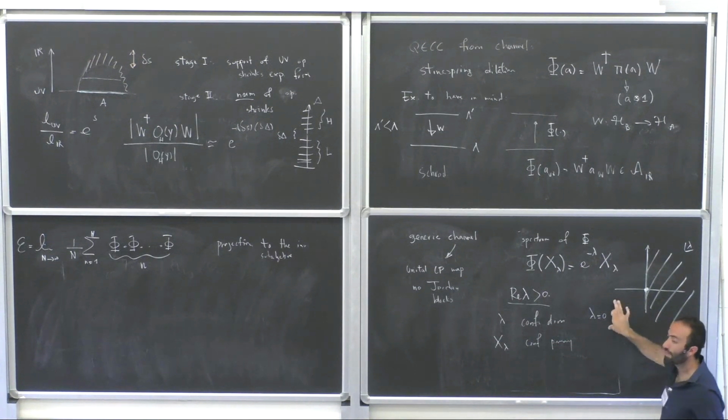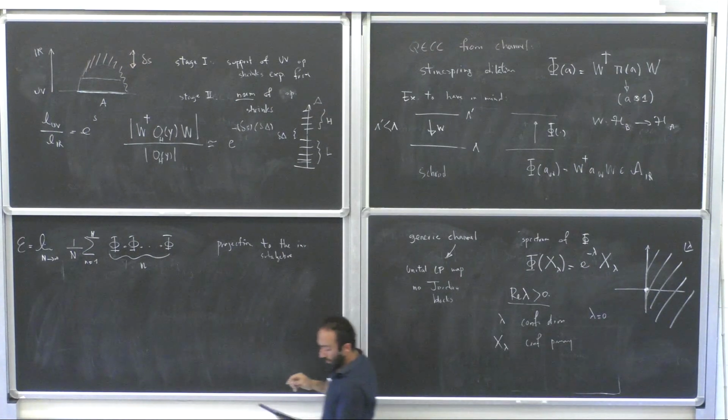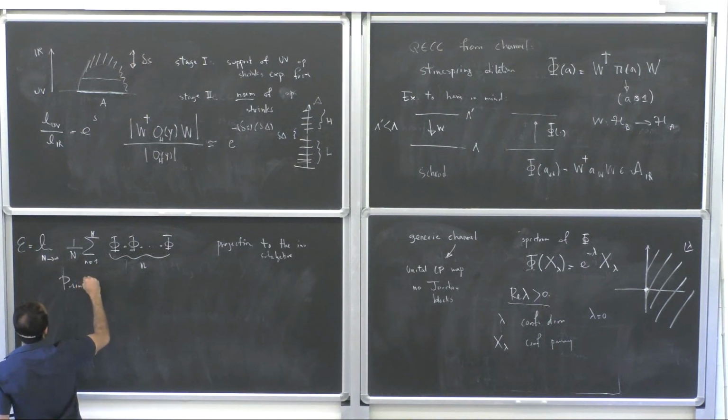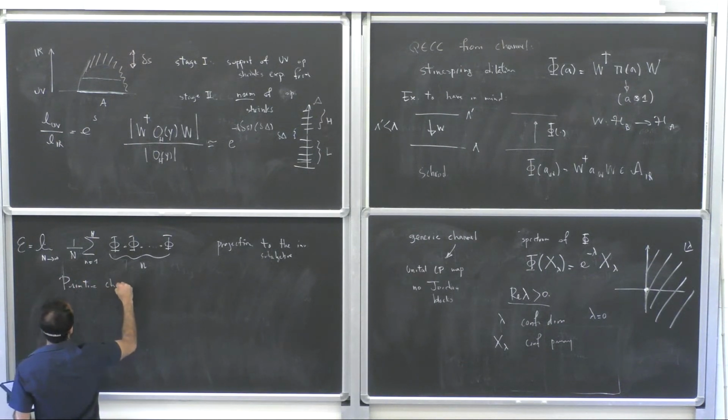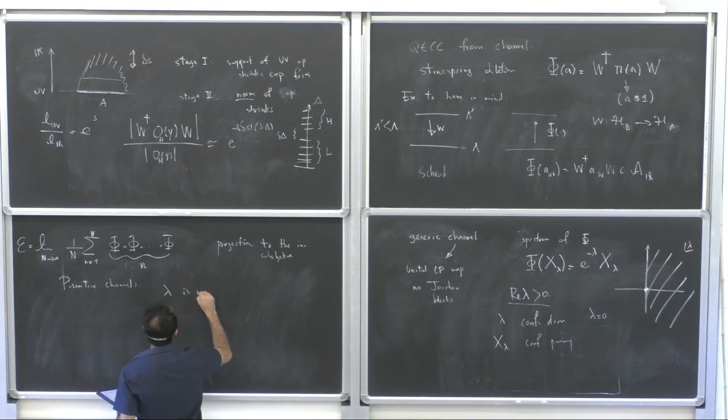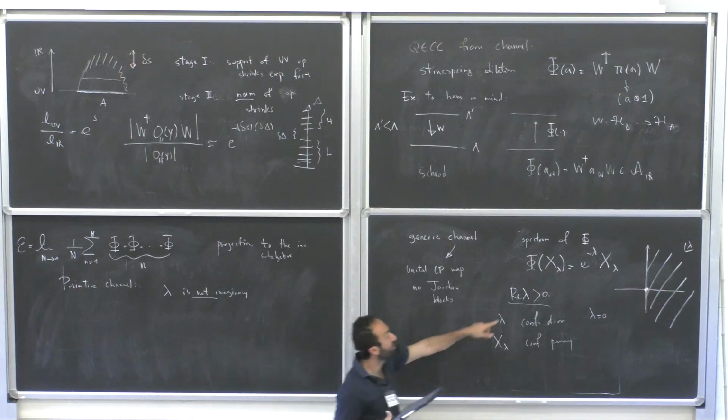Now, let me tell you a little bit about the physics of these eigenvalues. There are channels that are called primitive channels. These are channels where lambda is not imaginary. What is an imaginary lambda?